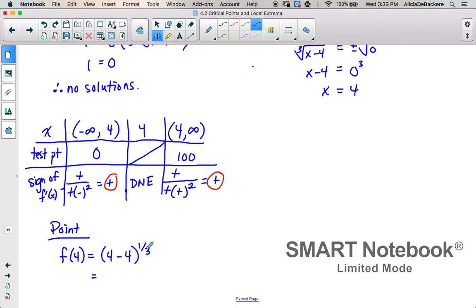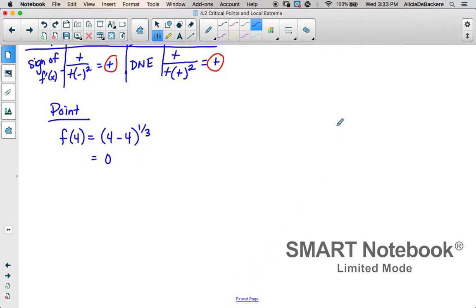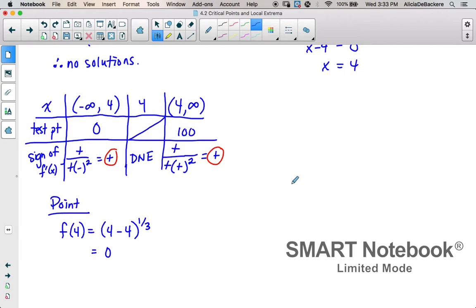I can see here that I get 0 to the 1/3, which is just 0. So I still have that same point here, but this time I'm increasing coming in and increasing coming out, and I have that vertical tangent at this point. And this is what we call that scary slide. So we're going to write our summary sentence, and then we'll get into the graph.